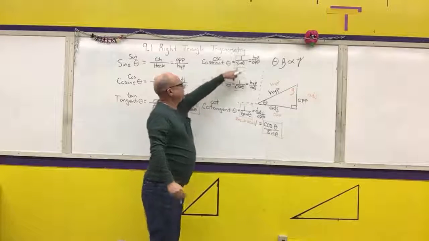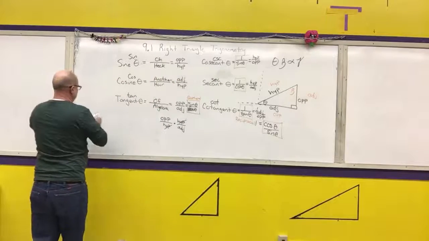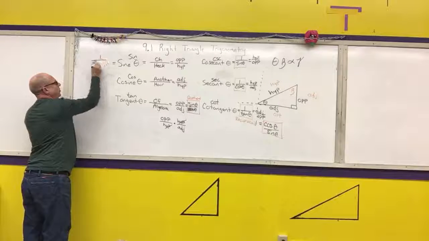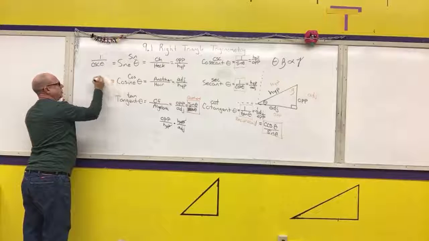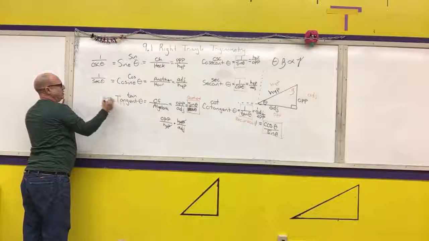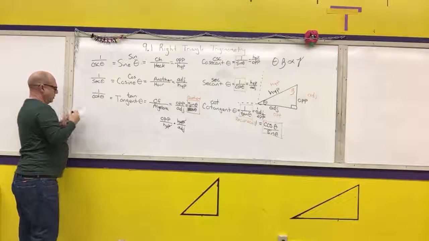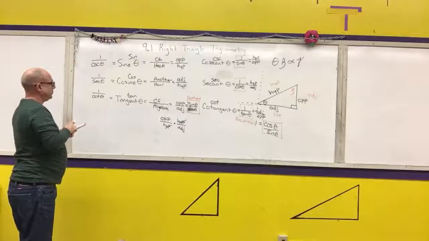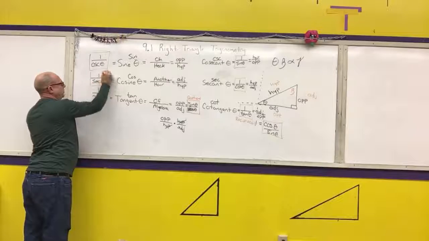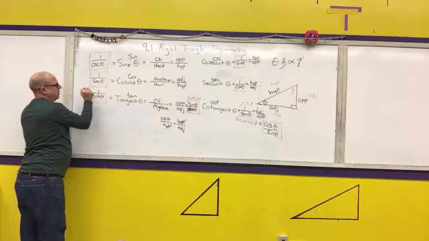Well, if cosecant is 1 over sine, that means sine is also 1 over cosecant of an angle. Cosine is 1 over secant of an angle. And tangent is 1 over the cotangent of an angle. So here are 3 more reciprocal identities.